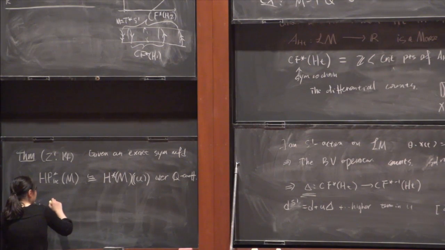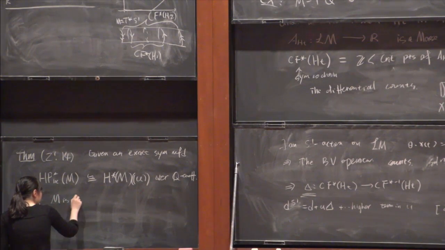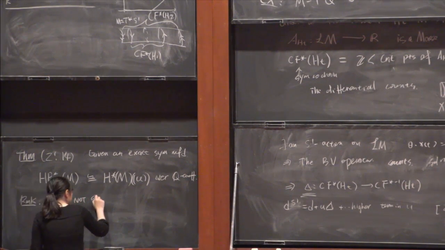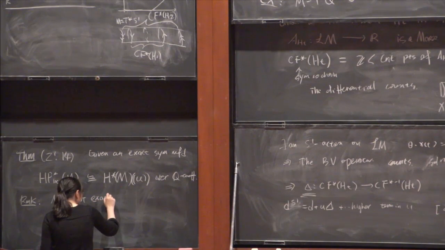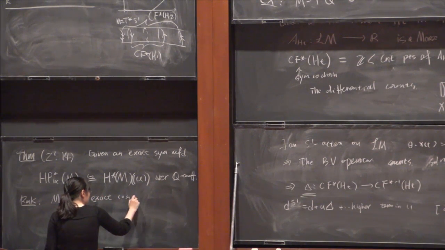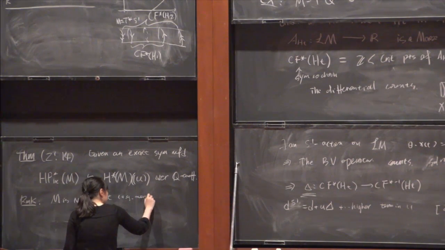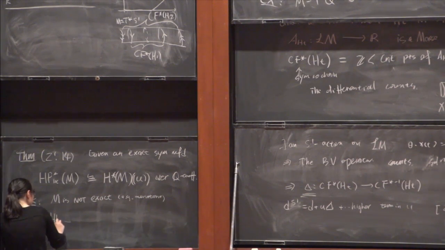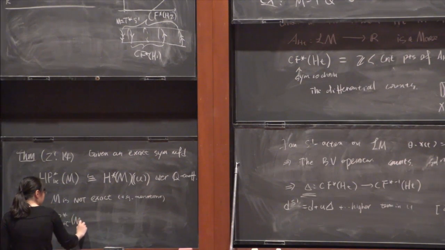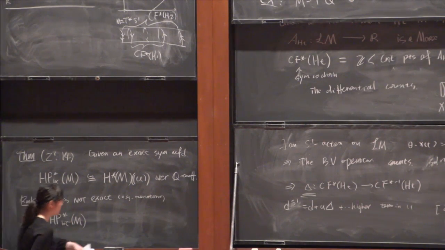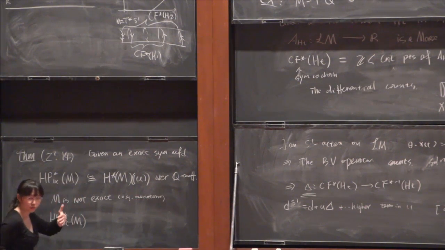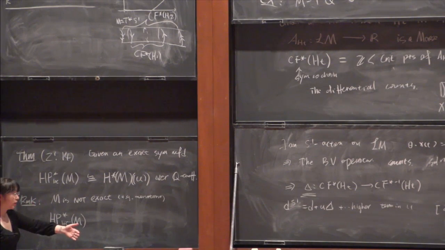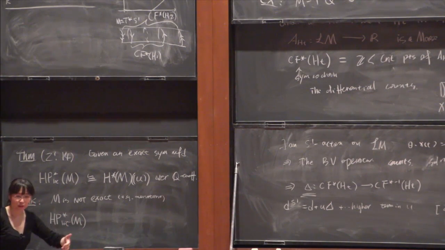If your M is not necessarily exact, for example monotone, so the corresponding localized series of M. So this is a setting where your interior is monotone, but on the boundary, it might be exact, the one form.